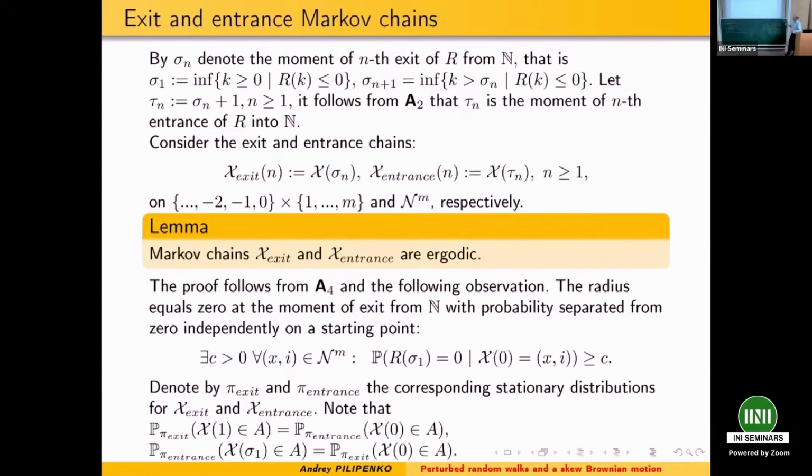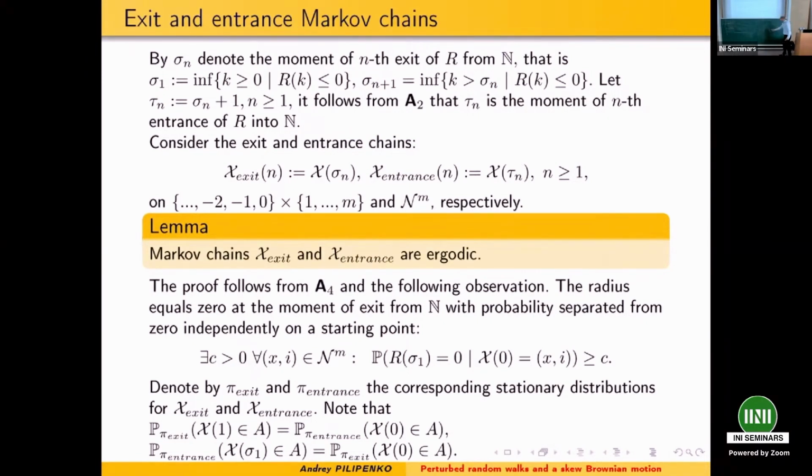So the first statement: these Markov chains are ergodic, and the argument is the following: with positive probability, for any starting point, you hit 0. So 0 is a renewal moment, a renewal epoch.